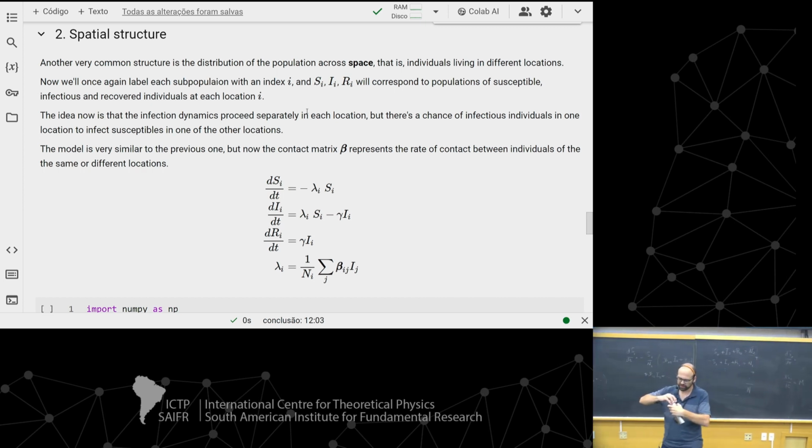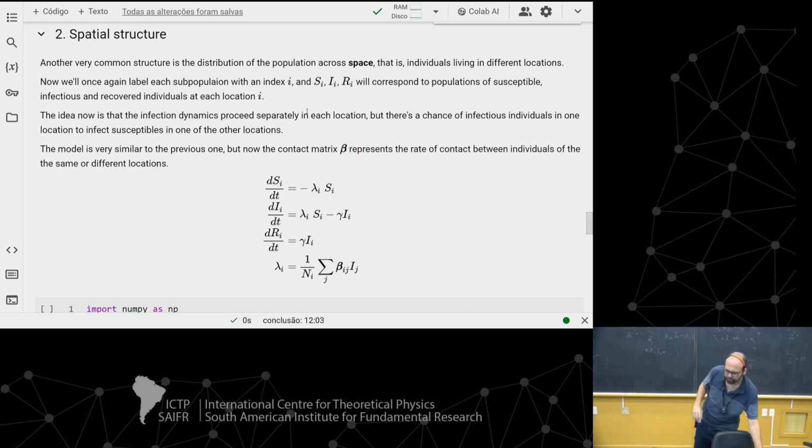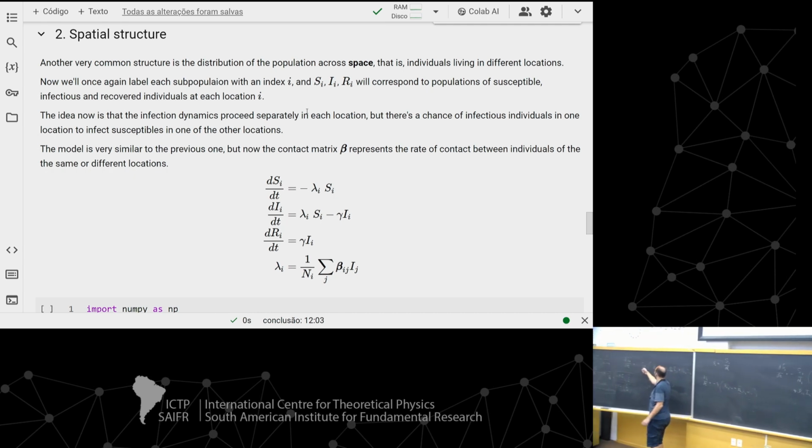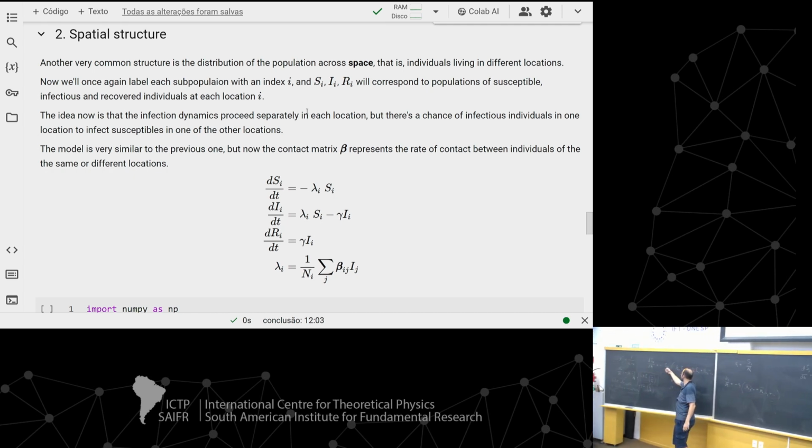So now we'll have something similar. My contacts will still include contacts of individuals from this city inside this city, but I will also have contacts with people from other cities.